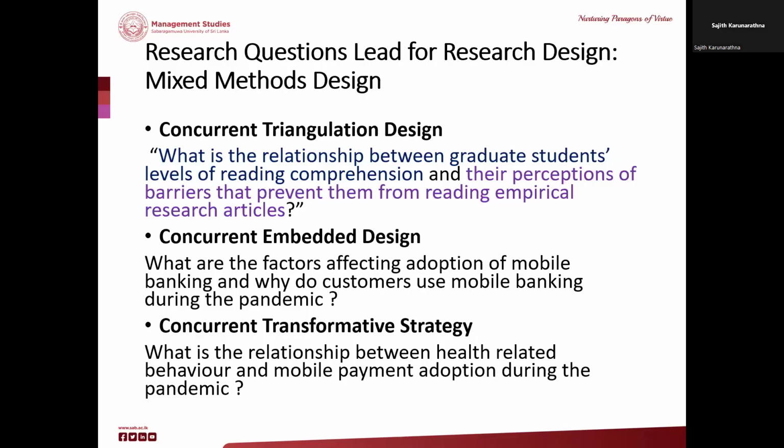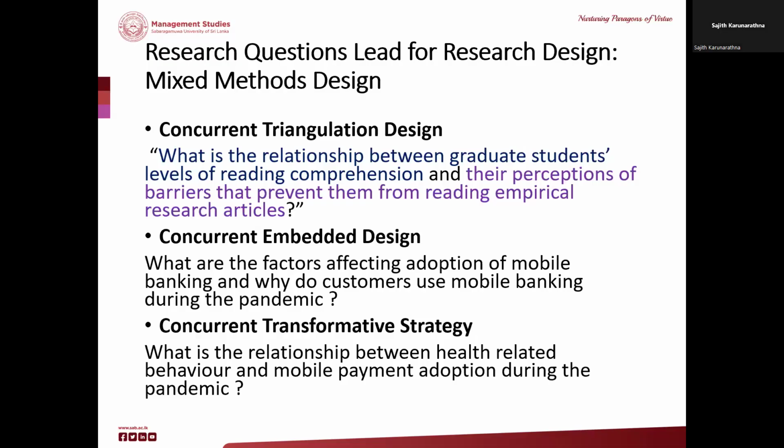Here we are investigating the relationship, so it is quantitative again, but in order to have a confirmation, we can have a quali phase as well. In a concurrent design, it is not embedded again. We are not taking the qualitative one as a supportive role. Both phases play the major role.